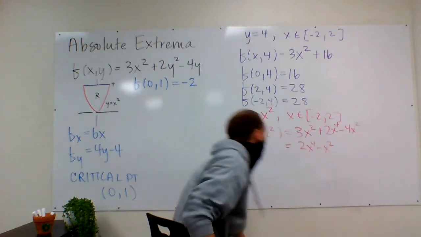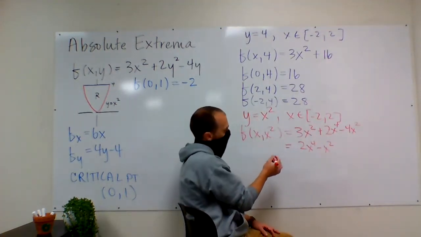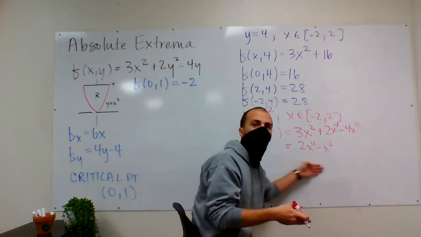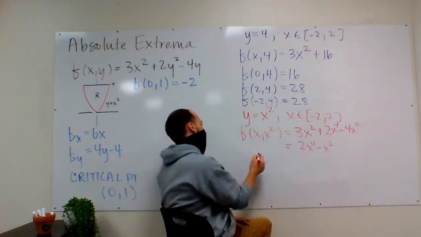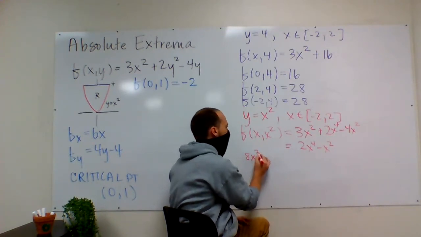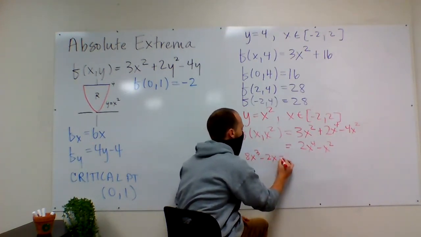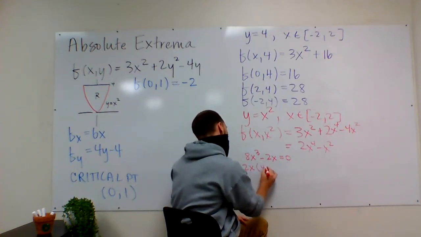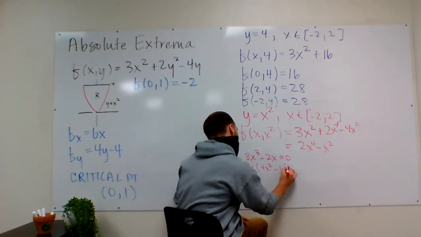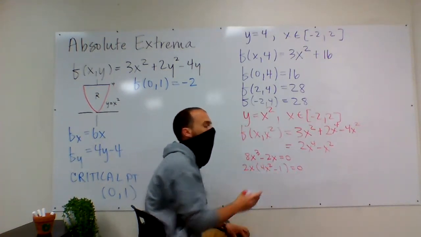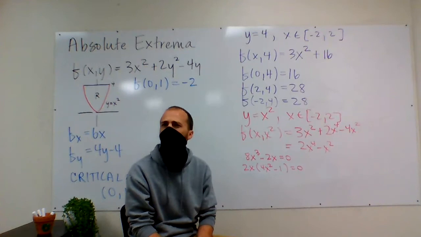So I'm going to take the derivative and set it equal to 0 to try to find the critical points of this polynomial. Okay, so the derivative would be 8x to the 3 minus 2x equaling 0. So I'm going to factor, okay, so x is 0, or x could be a half or negative a half.